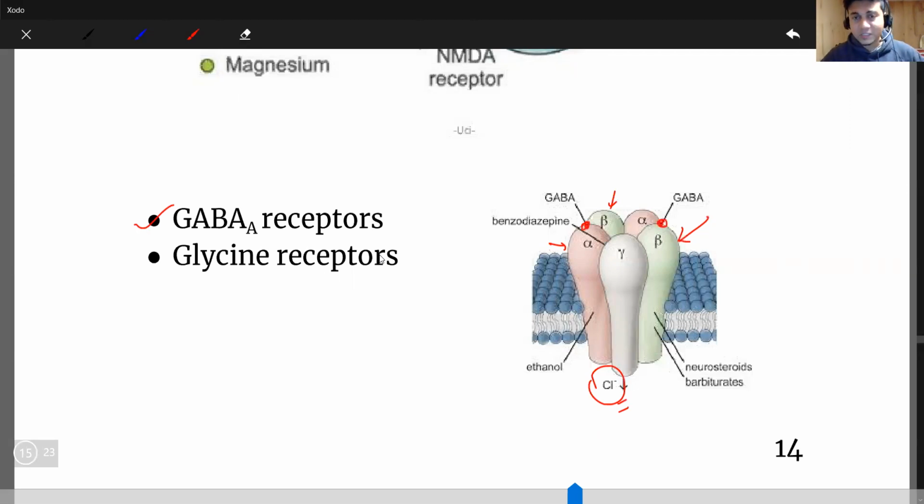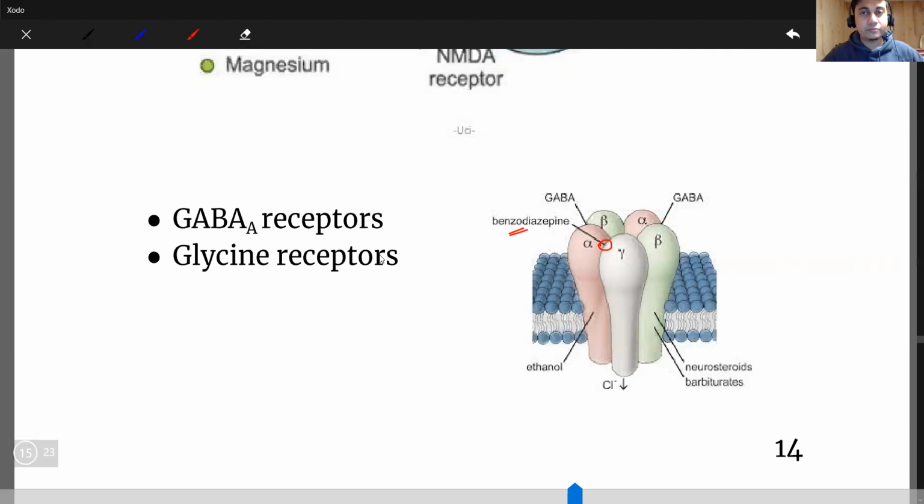Now, the thing is that 2 drugs, one is the benzodiazepine and the other is the barbiturates, right? The sedative medication. Benzodiazepine binds to a certain point in that GABA channel. These are agonists of this GABA channel, that means they increase the activity of the GABA. Now, how do they increase the activity?